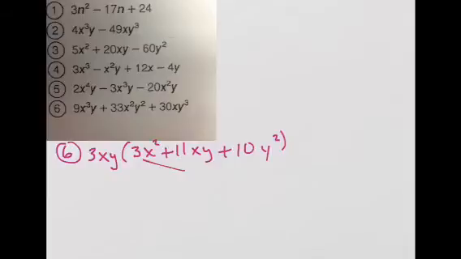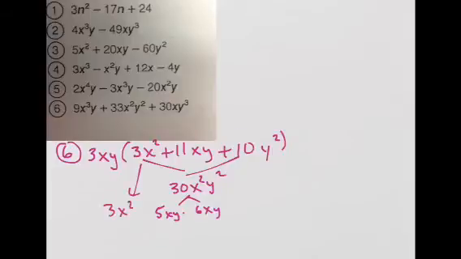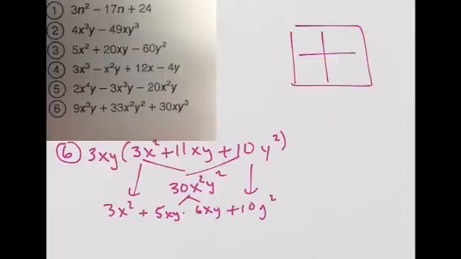So you multiply these two, and factors of 30 that add up to 11 are going to be 5 and 6. Okay, you bring down this term, bring down this term, and that's what you put in the box.